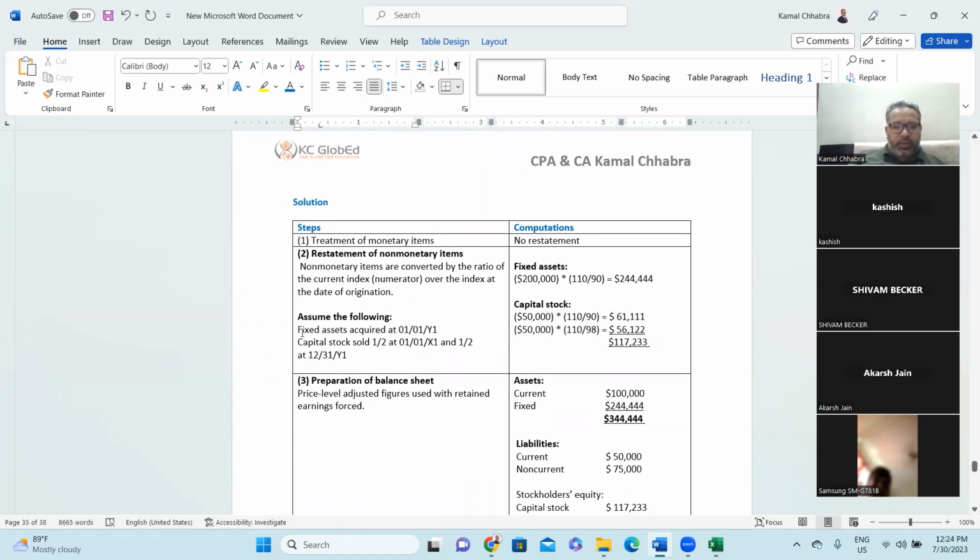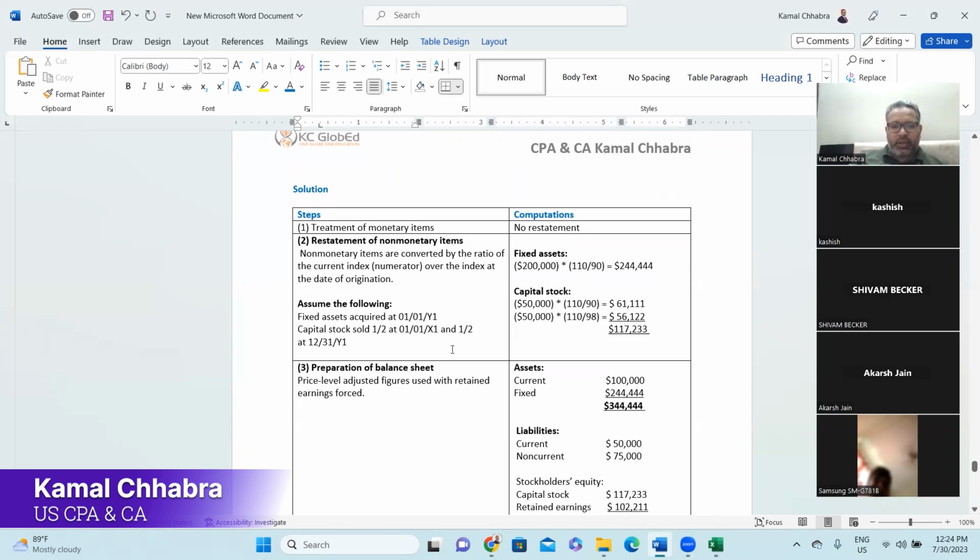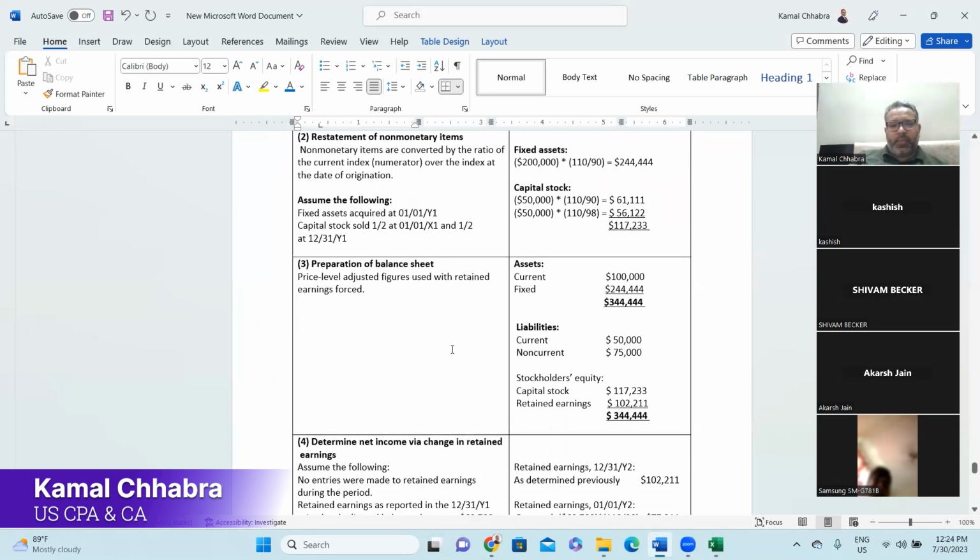Assume the following. So fixed assets are acquired in year 1. Capital stock is 1/2 in year 1 and 1/2 in year 2, which you have mentioned above directly. And then preparation of the balance sheet and price level adjustment figure used with the retained earnings. So your current assets are the same, there is no change in it, but your fixed assets will go up to 244,444.